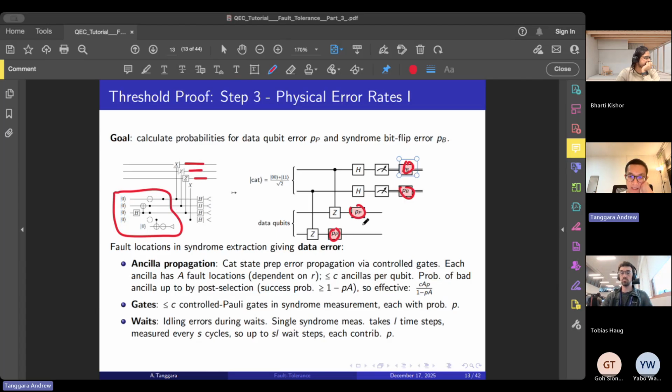So that will be this P sub P. The gates themselves could also fail and cause more data qubit errors. Also we have this waiting time, because we only do error correction on some of the blocks but not all of them, to reuse the ancillas. That could also contribute to the data error.